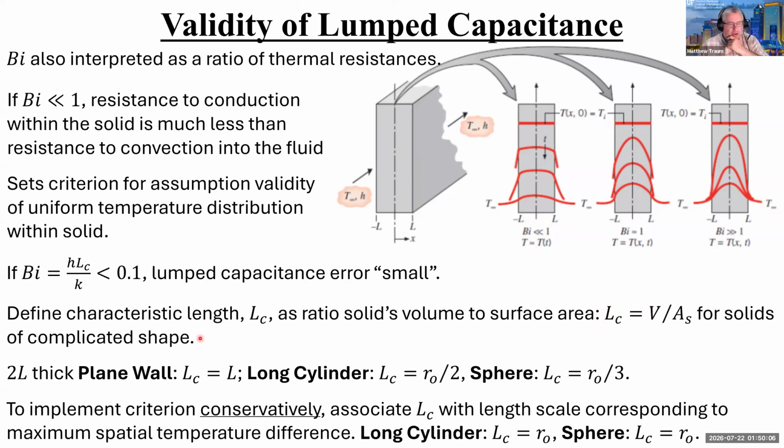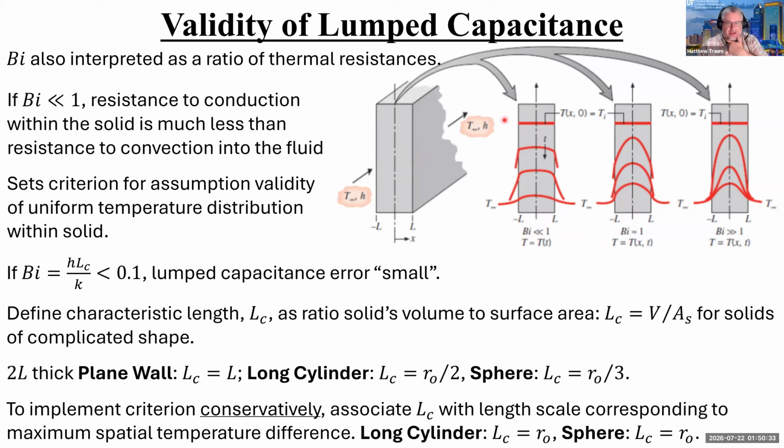Okay, so if we apply this formula to a couple of common shapes, like a plane wall, it turns out that L sub C is just equal to L. That's true if your wall is 2L thick, like the wall that we've been talking about, right? So the characteristic length is half the thickness, or L in this case.